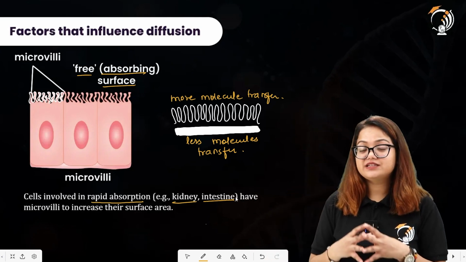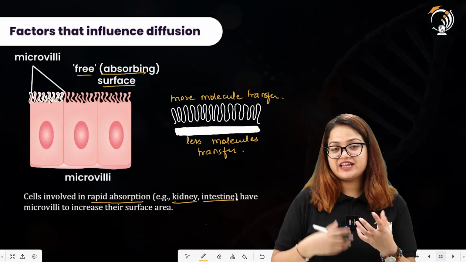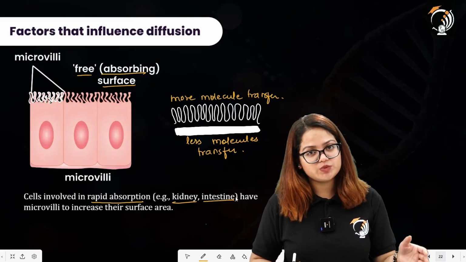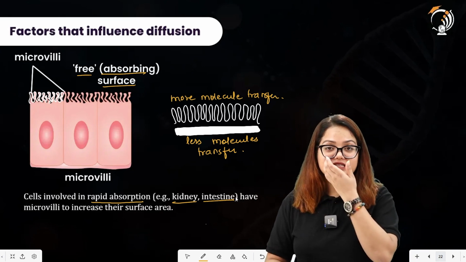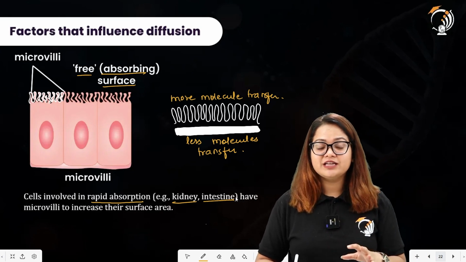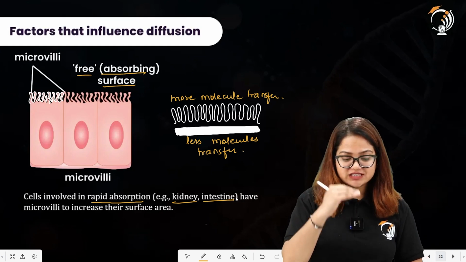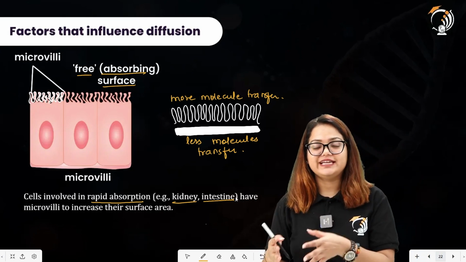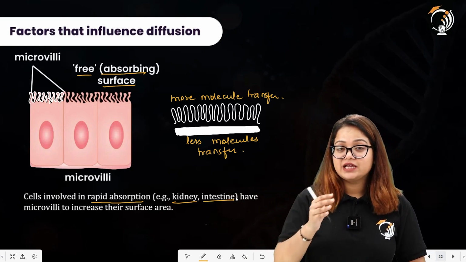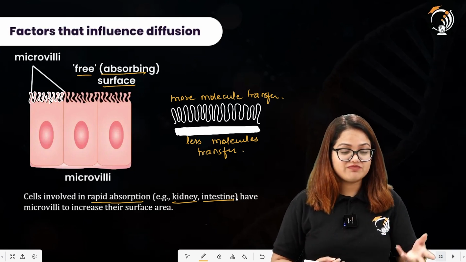Wherever rapid absorption is occurring in our body, such as in the kidney or in the intestine where digested food material is absorbed, we need to increase the surface area many times in order to absorb more nutrients, and this can only be achieved by the presence of microvilli.